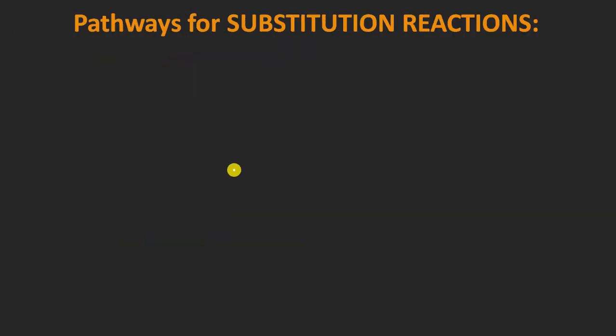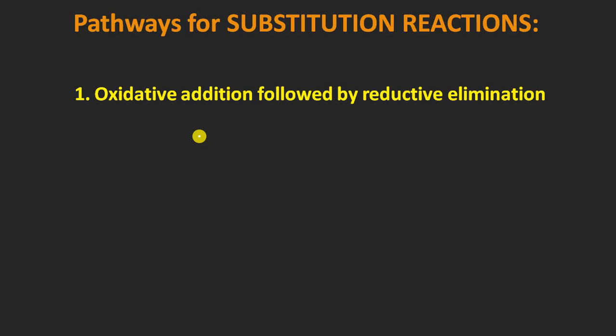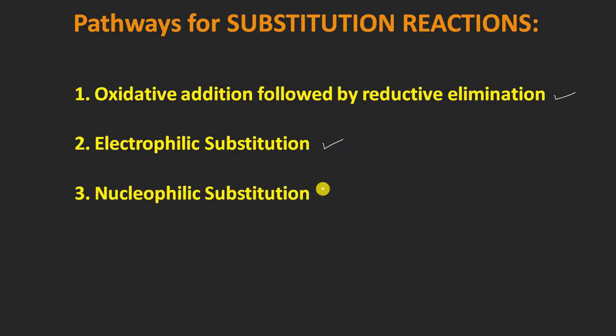Now let us have a look at different pathways which are available for these substitution reactions. The first pathway is, as you can see here, the oxidative addition followed by the reductive type of elimination. After that we also have electrophilic type of substitutions, and last but not the least, the nucleophilic type of substitution reactions, right?